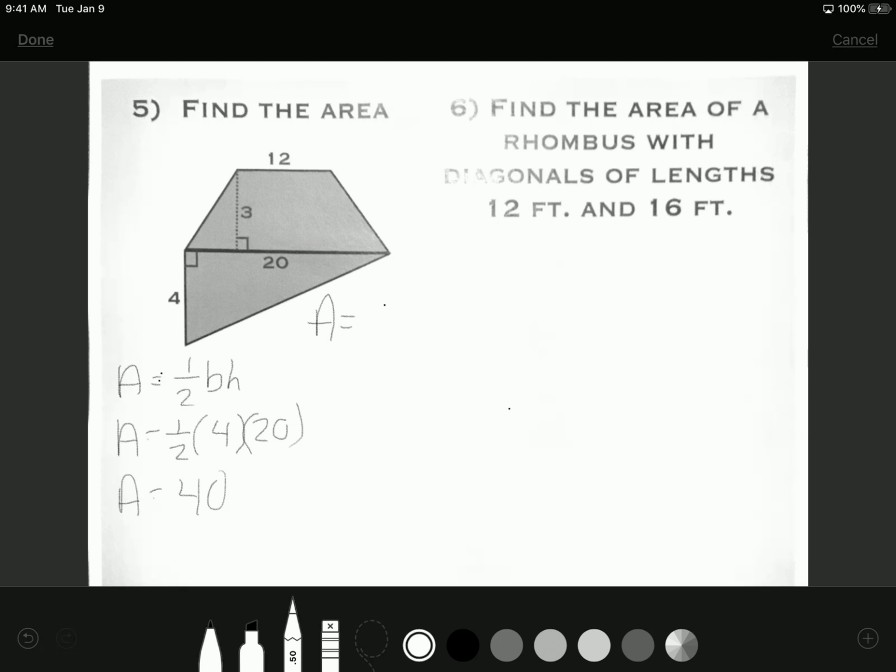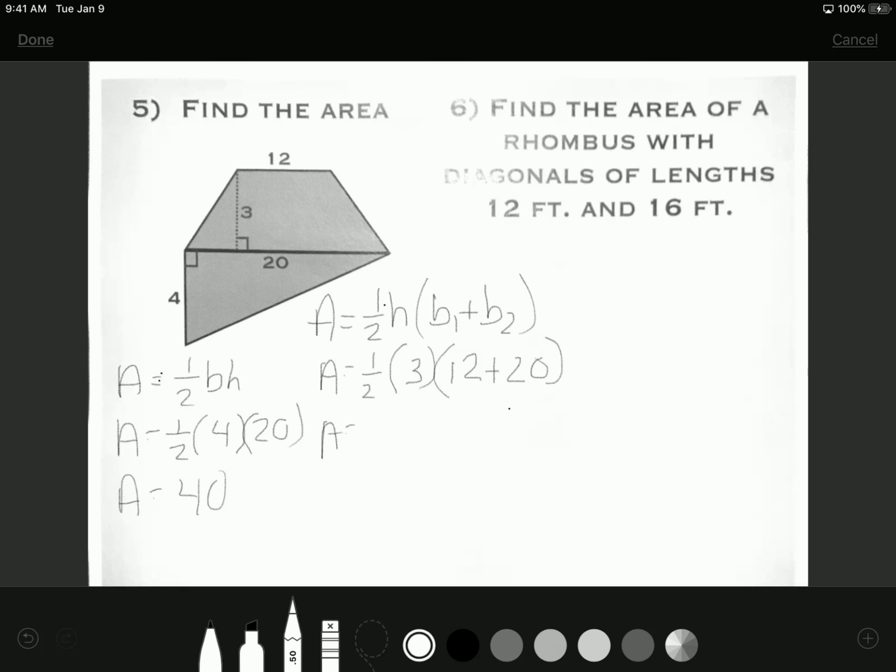Our area formula for our trapezoid is 1/2 height times base 1 plus base 2. So we have half of 3 times 12 plus 20. 12 plus 20 is 32.